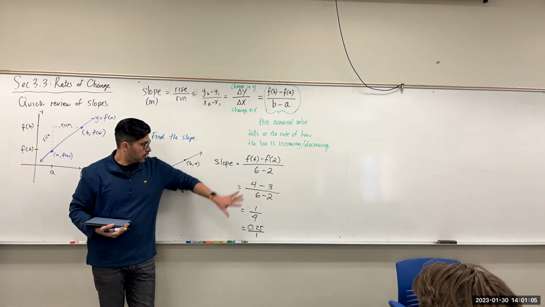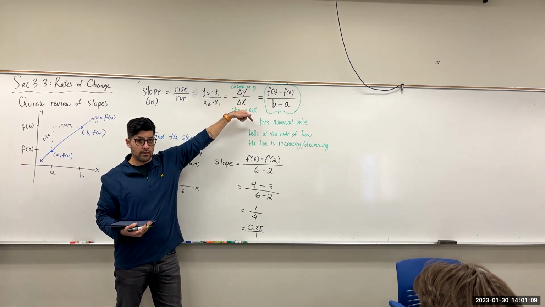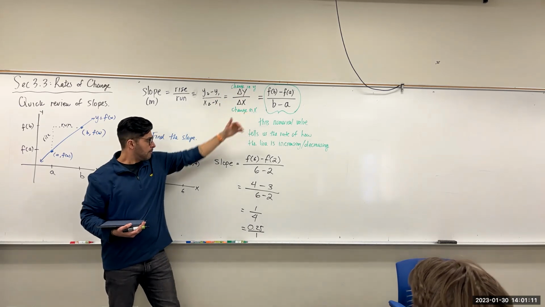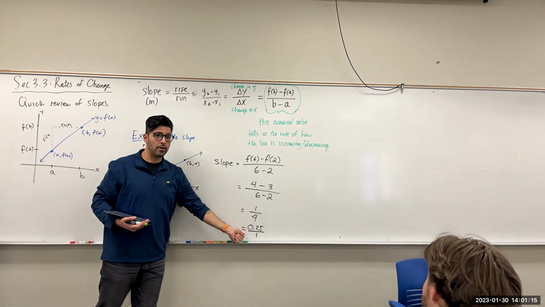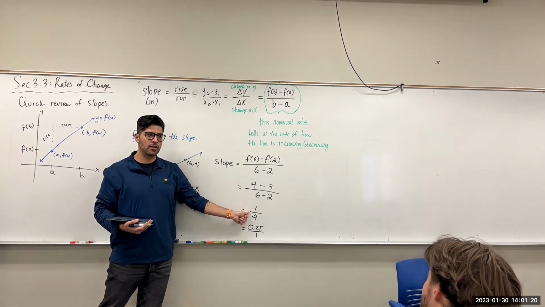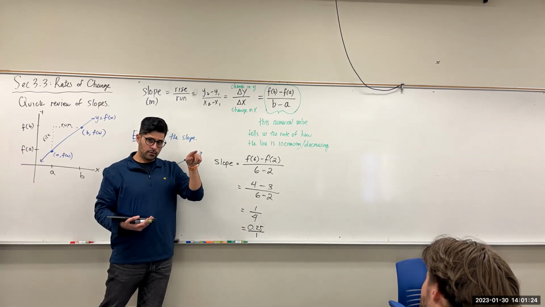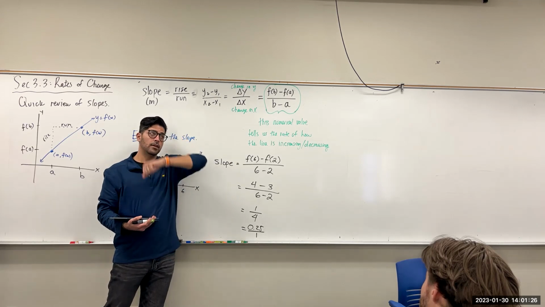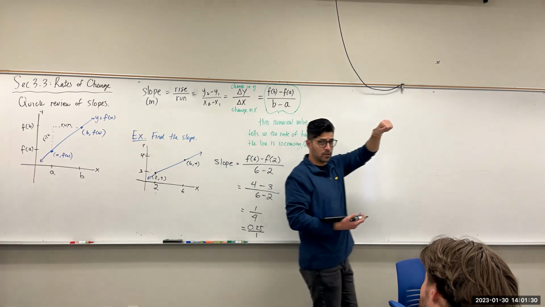Okay. That's the way you numerically do it. But now the important part is the interpretation of what's happening. Because the line has slope 1/4 or slope 0.25, what does this tell me about how the line has changed? For every increase of x, y will increase 1 unit every time x increases 4 units.